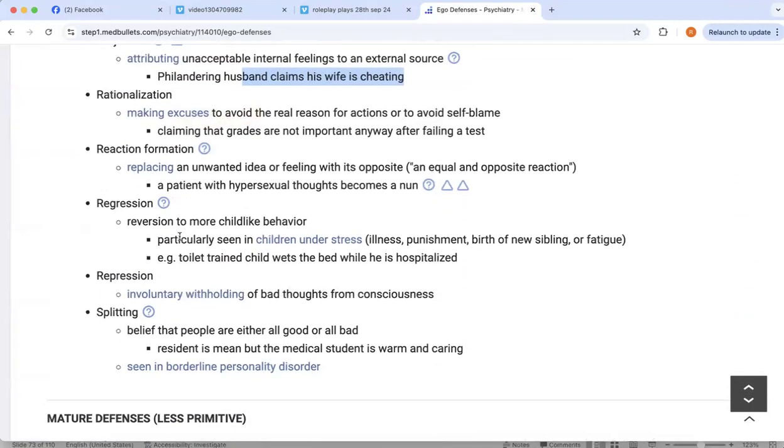Next, rationalization. Making excuses to avoid the real reason for actions, to avoid blame.